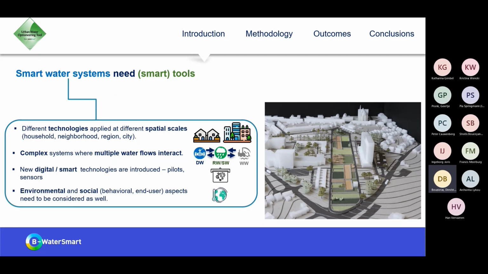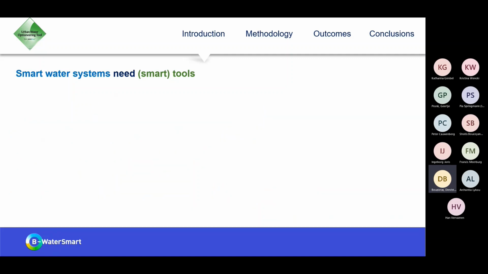And lastly, another aspect of designing smart systems is that we need to include the socio-environmental factors as well, as these factors drive the demands essentially and affect the future water availability. It is evident, therefore, that we are in need of smart tools for smart systems.